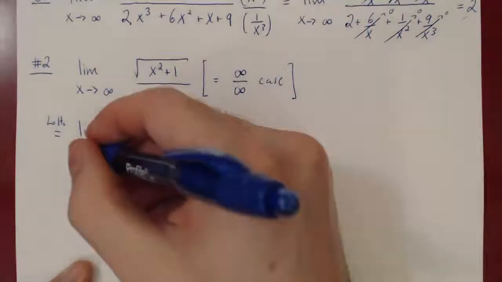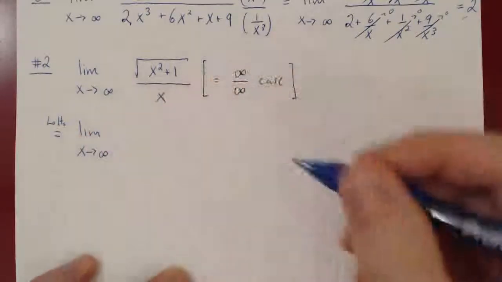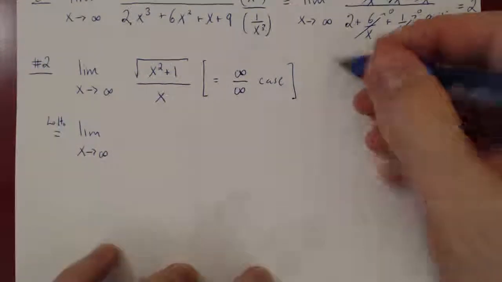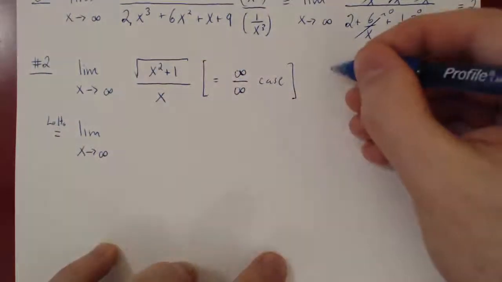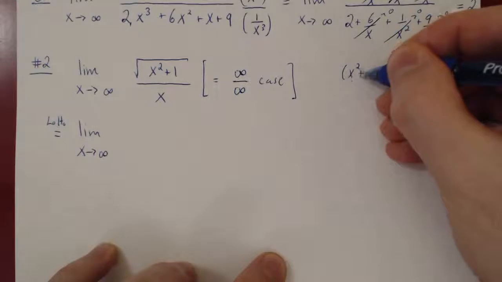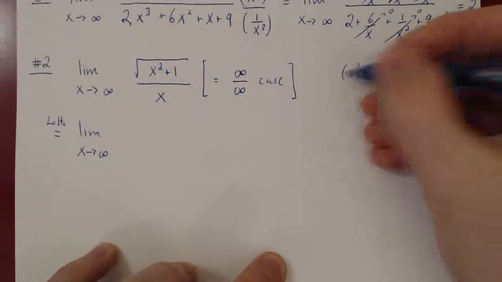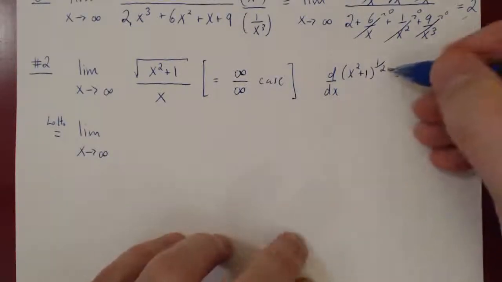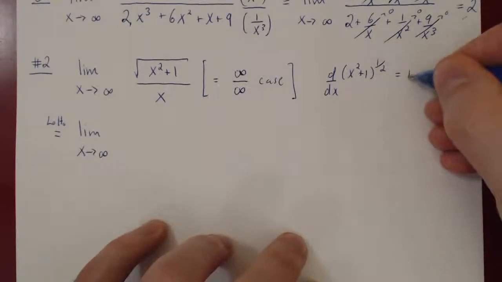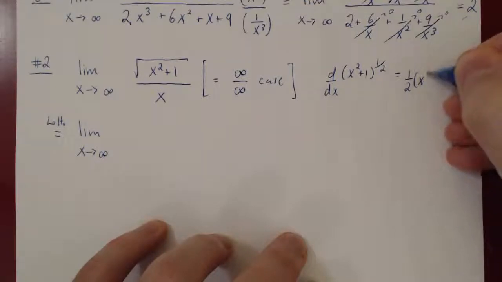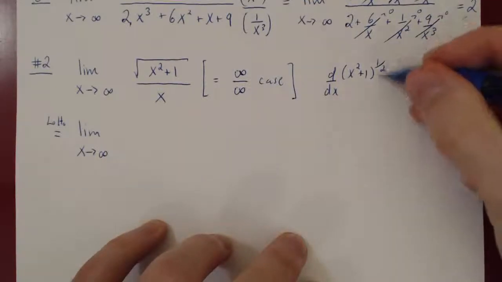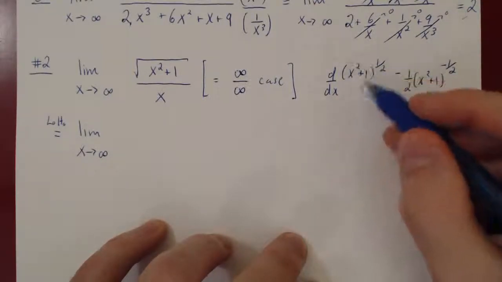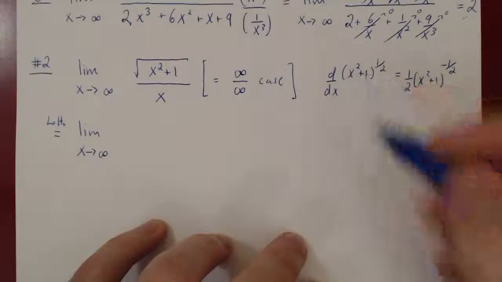We are applying L'Hopital's rule. And again, we replace the top by its derivative, the bottom by its derivative. So let's see here. Root of x squared plus 1, that's just x squared plus 1 to the power of 1/2. And we have to differentiate this with respect to x. The outside function is the power of 1/2. By the power rule, we bring 1/2 down. Subtract 1 from 1/2, you get negative 1/2. Times the derivative of the inside, x squared plus 1, the derivative of this is 2x.